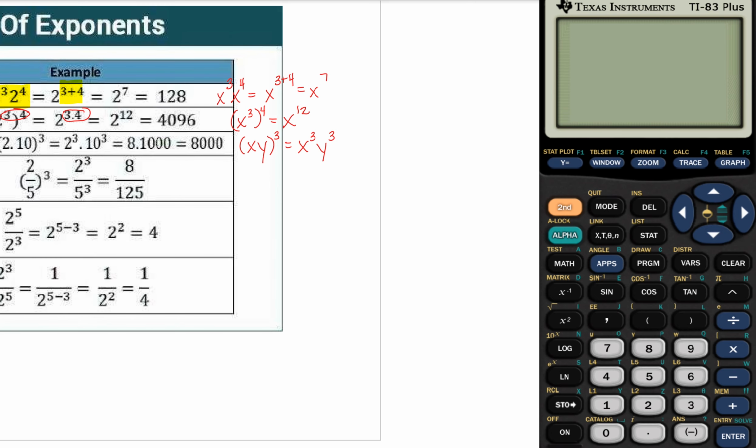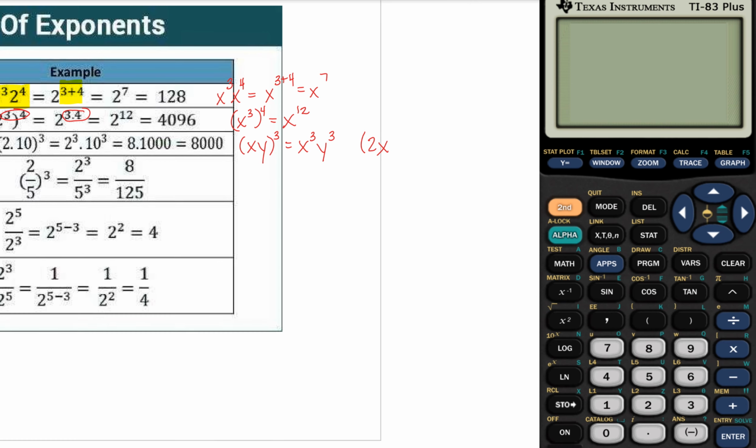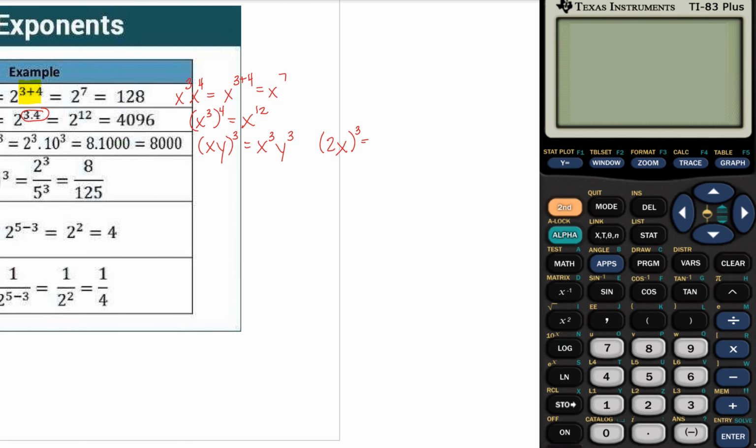This also works if I had 2x, sorry guys, 2x raised to the power of 3. Well, then I, again, distribute it to both of them so that I get 2 cubed x cubed, and I work that out to get 8, so the 8 times x cubed. Okay?